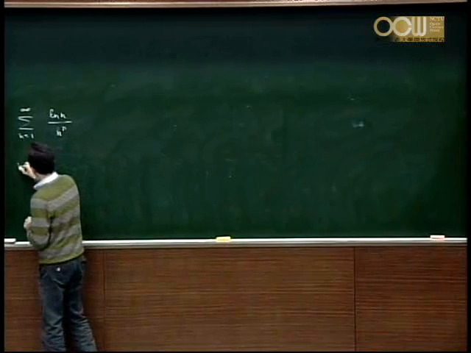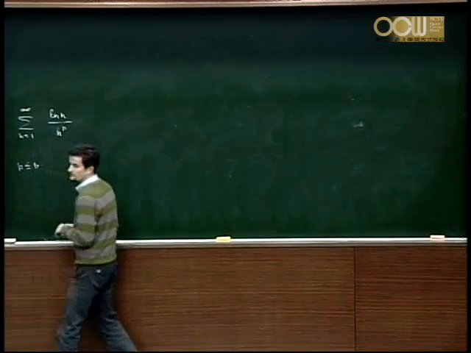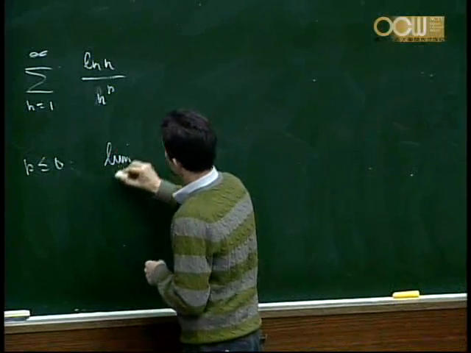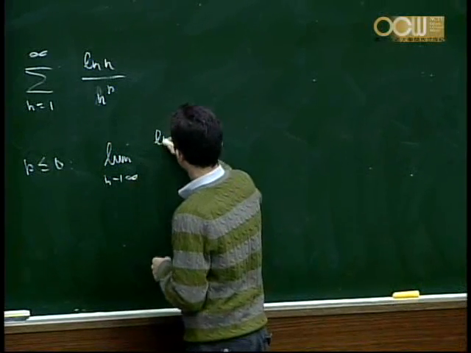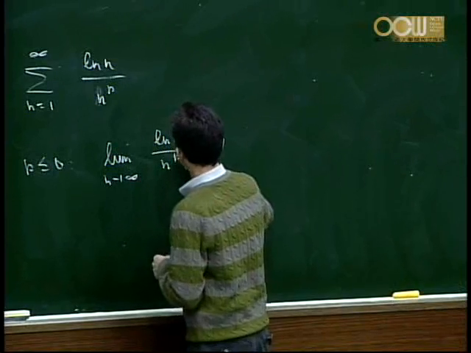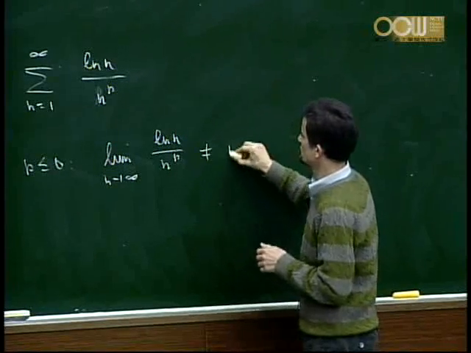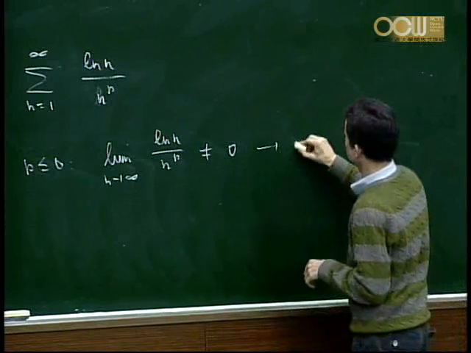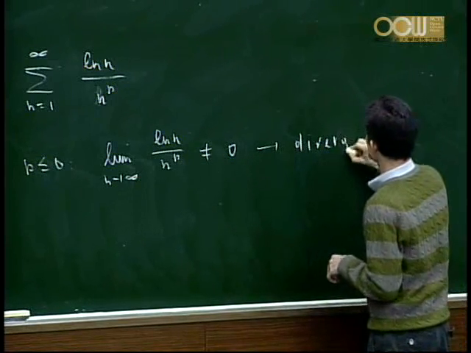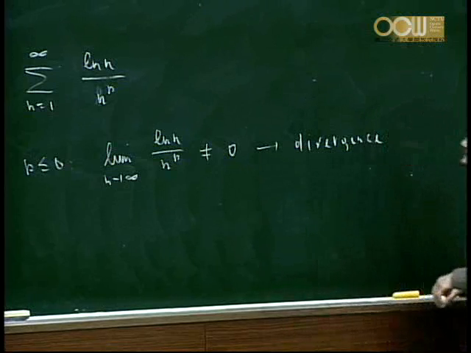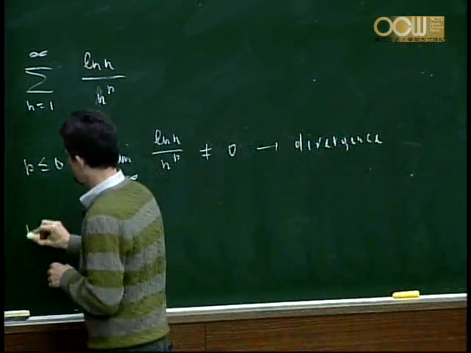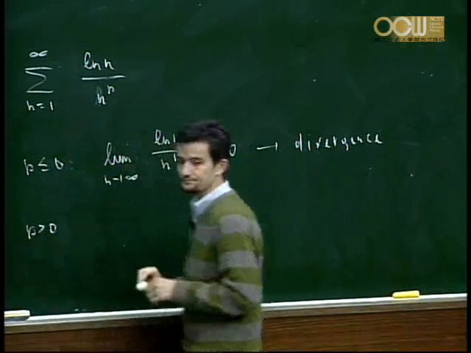So if p is smaller or equal than 0, which will be your first case, if you look at the limit as n tends to infinity, ln n over n to the p will not be equal to 0. So from this already you know that you have divergence.